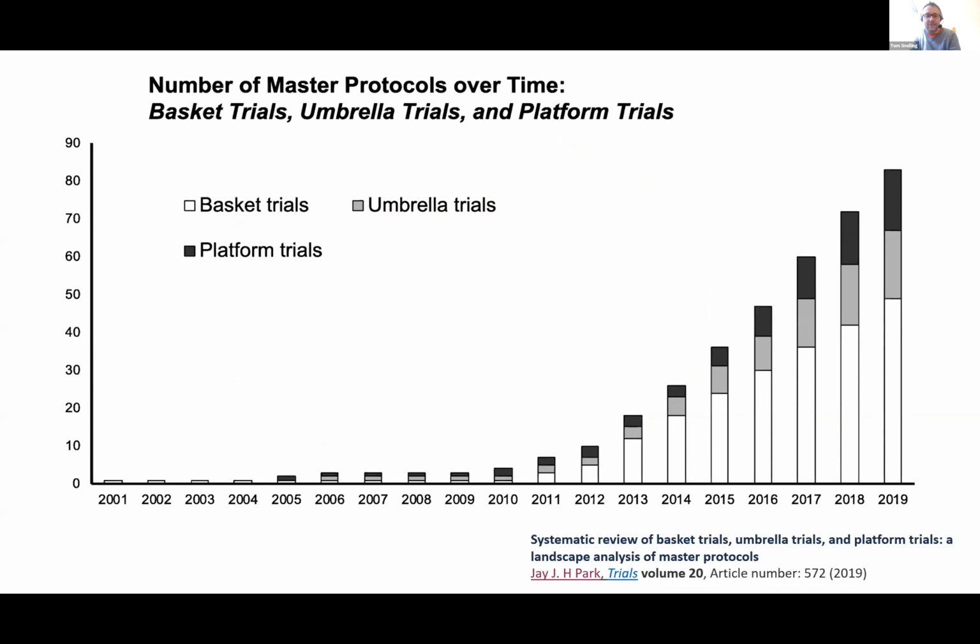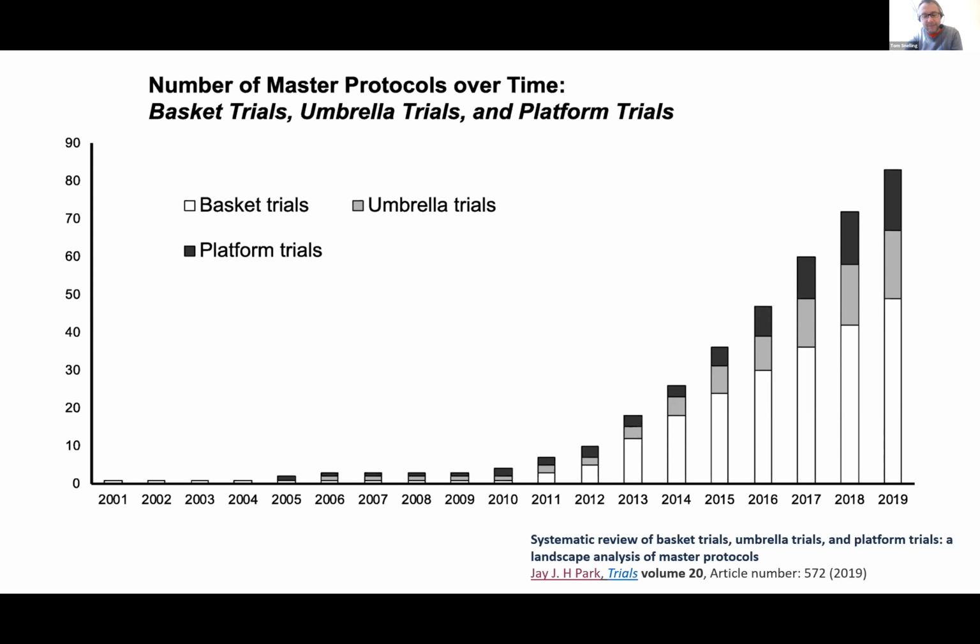So this is a fairly recent review of master protocol designed trials from a couple of years ago, showing that really these have started to become of interest and be designed and implemented over the last 10 years or so.